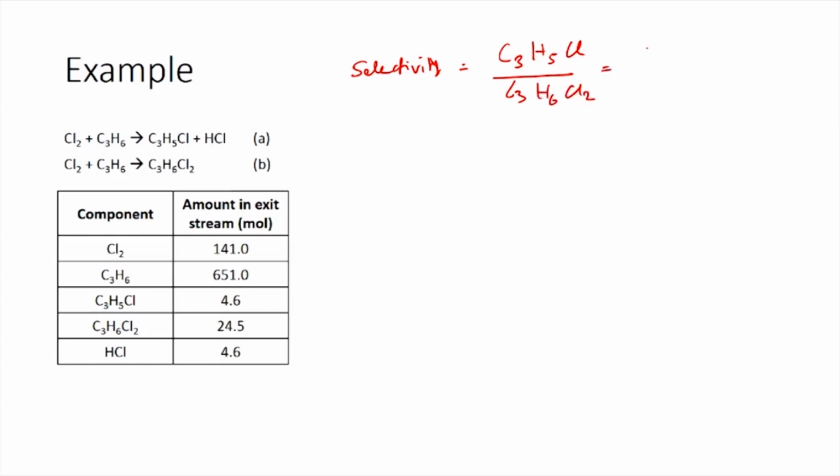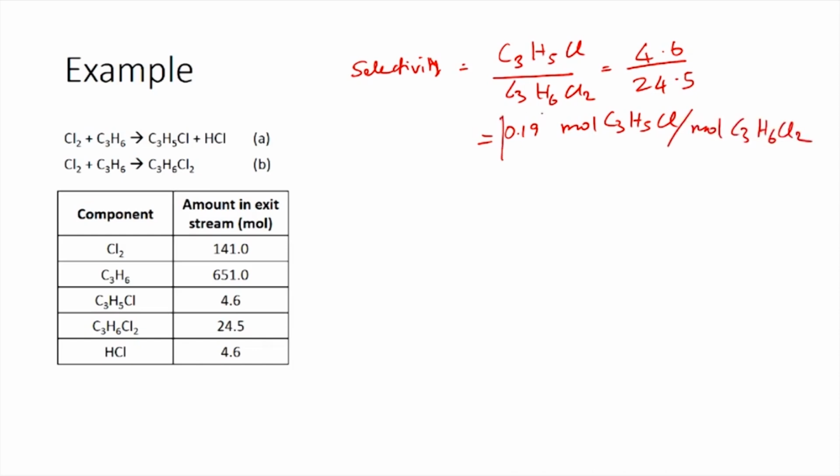So, which gives you a value of 4.6 divided by 24.5, which is 0.19 moles of C3H5Cl per mole of C3H6Cl2.